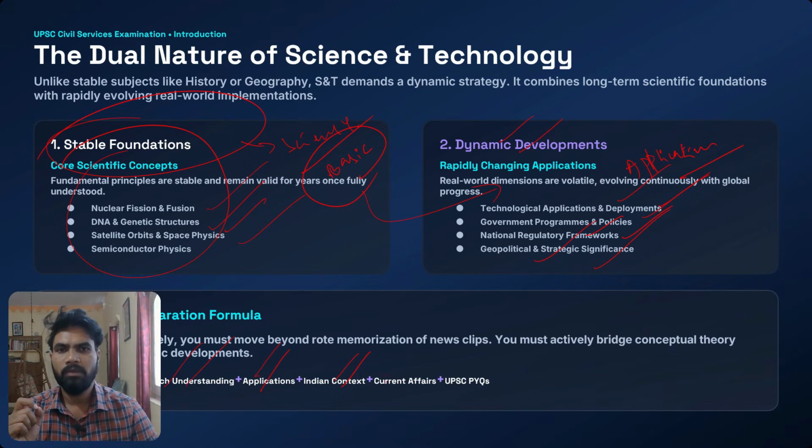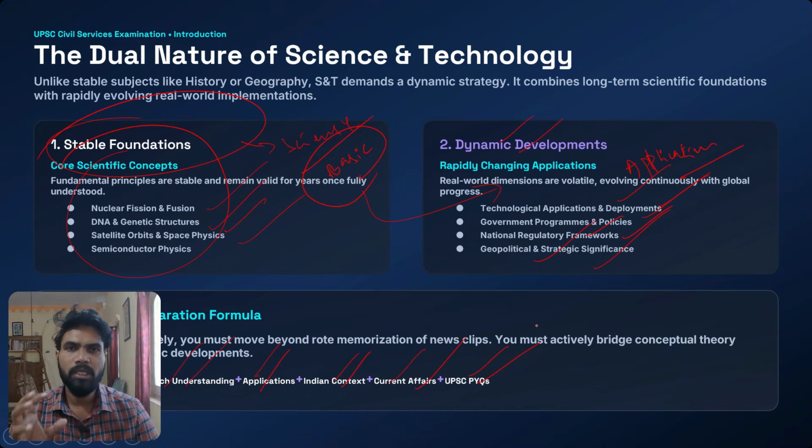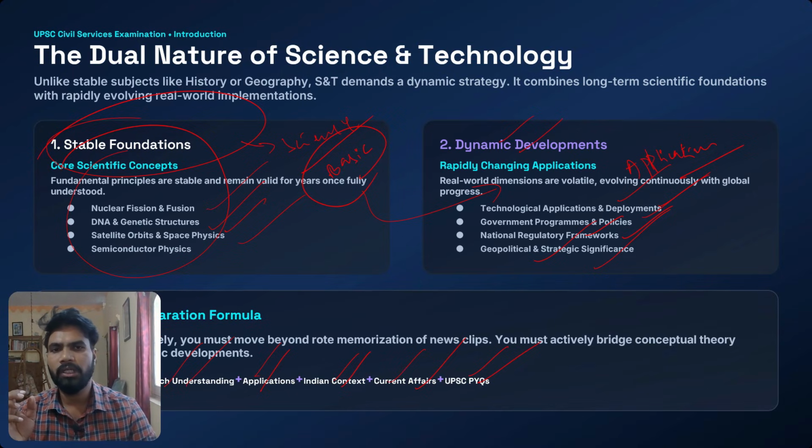Then we have to see the current developments with respect to the scientific development or technology, then we have to see whether any questions have been asked on such a technology in previous years. So this is the chain you have to follow when you prepare for this subject.